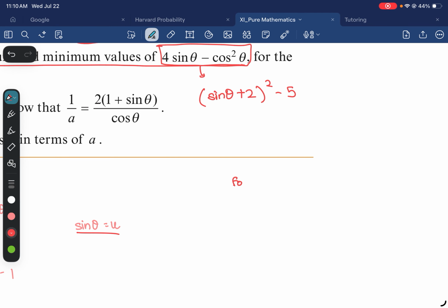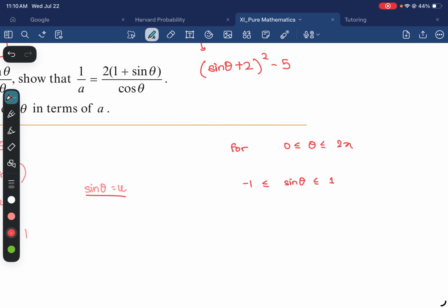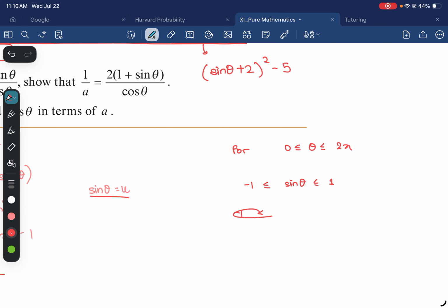For 0 to 2 pi, we know that sine theta is bound between minus 1 and plus 1. All right. So let's add 2 to both sides. If I add 2 to this inequality, I get this.